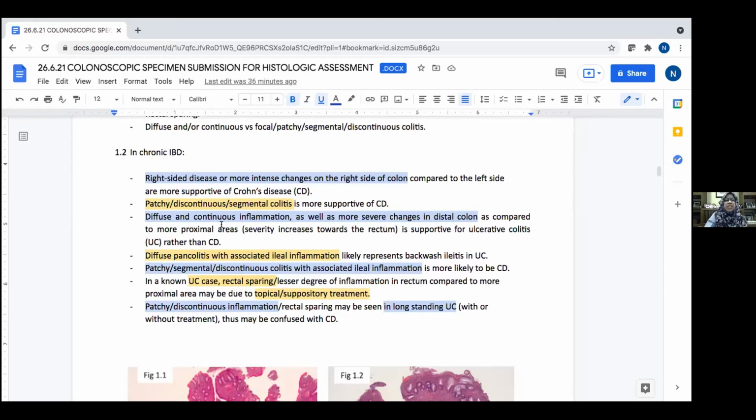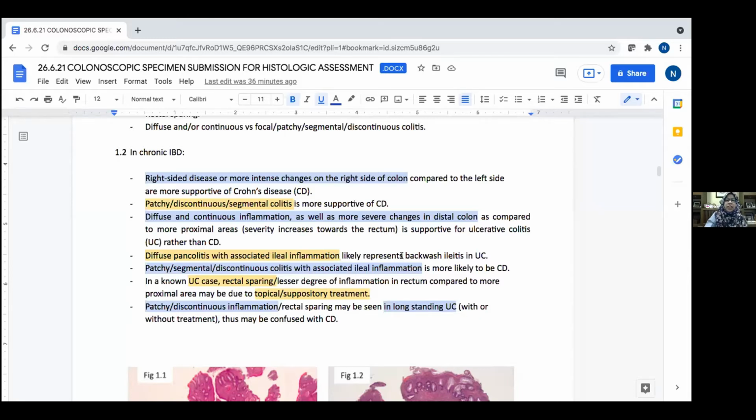If you see diffuse and continuous inflammation or more severe changes in the distal colon as compared to the proximal part, then you're likely dealing with ulcerative colitis. If it's a case of pancolitis, pancolitis most likely is UC. But if there is ileal inflammation at the same time, this probably represents backwash ileitis.